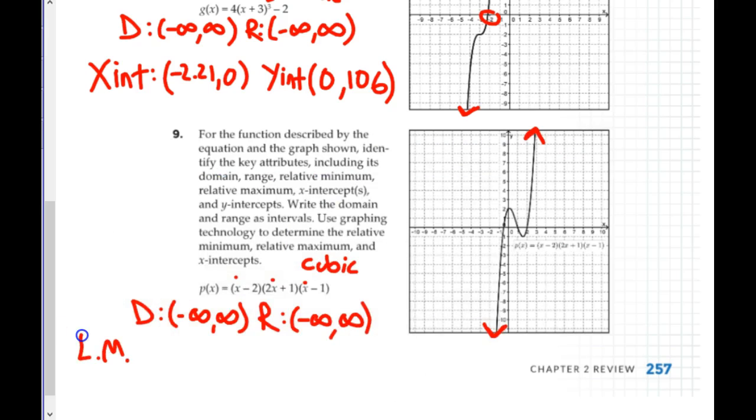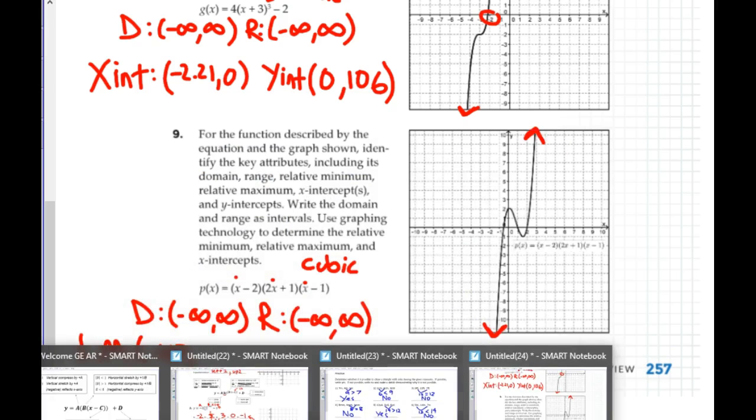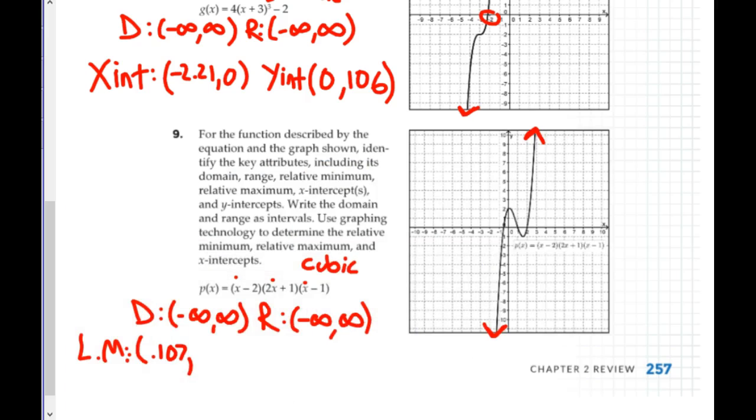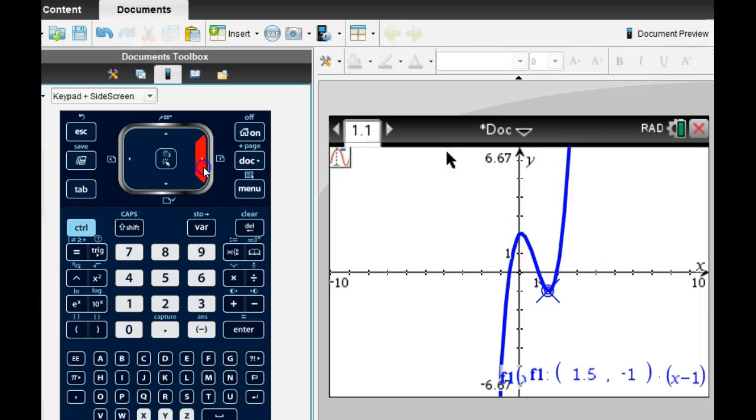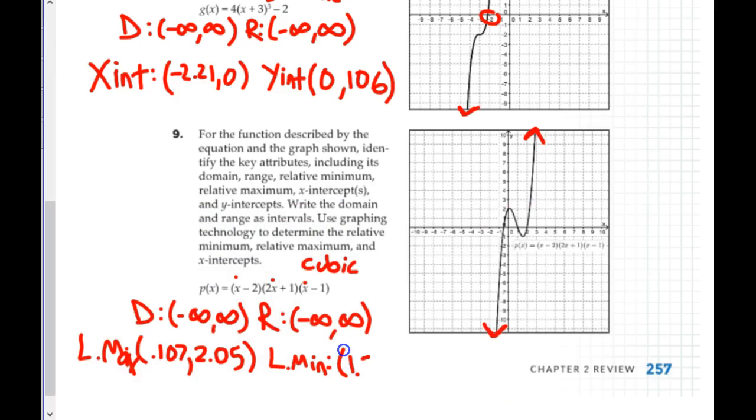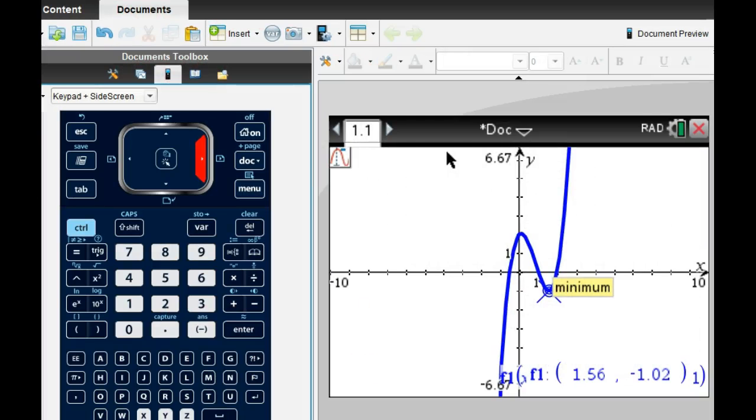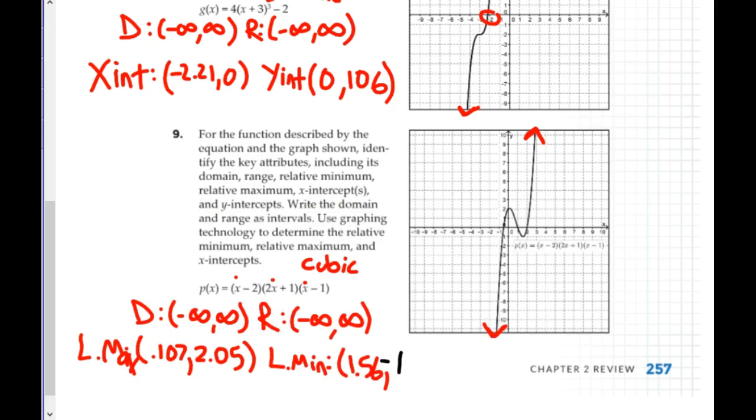Local max. Alright, and then the local min. Go to the right. 1.56, negative 1.02.